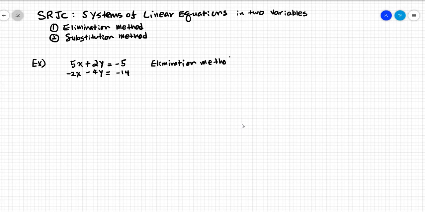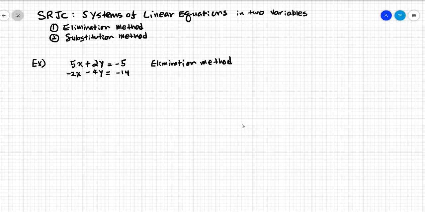The idea is that we want to eliminate either x or y, so we can have the unknown variable by itself, just one. So we want to find out what we have to do to eliminate x or y. It doesn't matter which one, but one of them has to go.